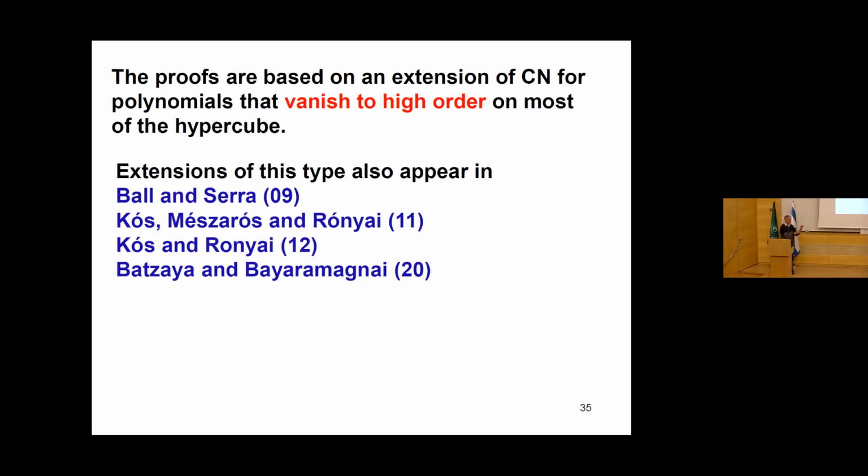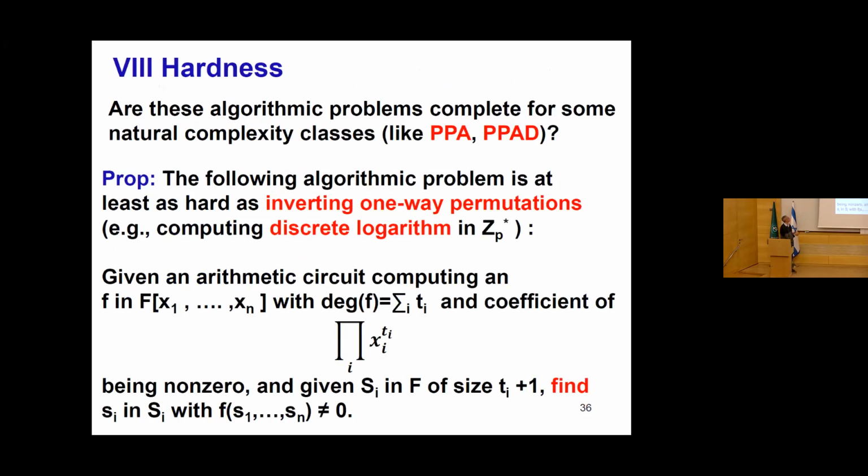I have 2 more minutes, so I wanted to say something about the hardness. So many of the questions I mentioned were algorithmic questions, and one may wonder if indeed these algorithmic questions are hard.